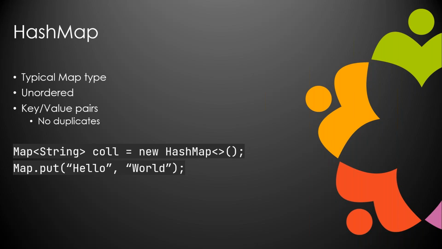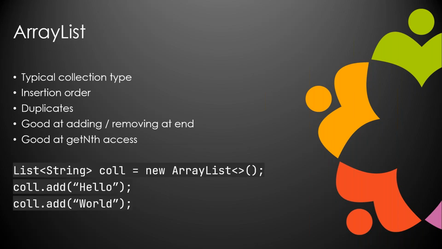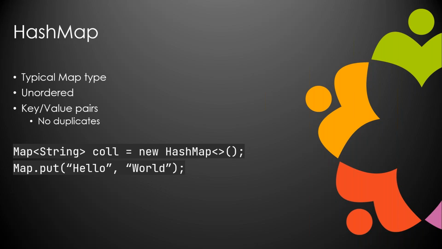Then the implementation doesn't reproduce the type, and it defines the actual type that we're using, ArrayList here and HashMap here. This means that you're not reproducing the contained types in the array list and map twice on the line.